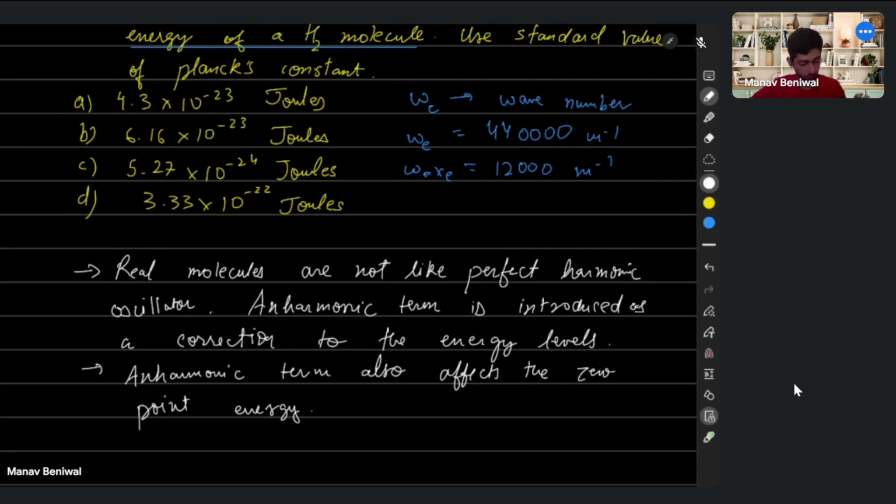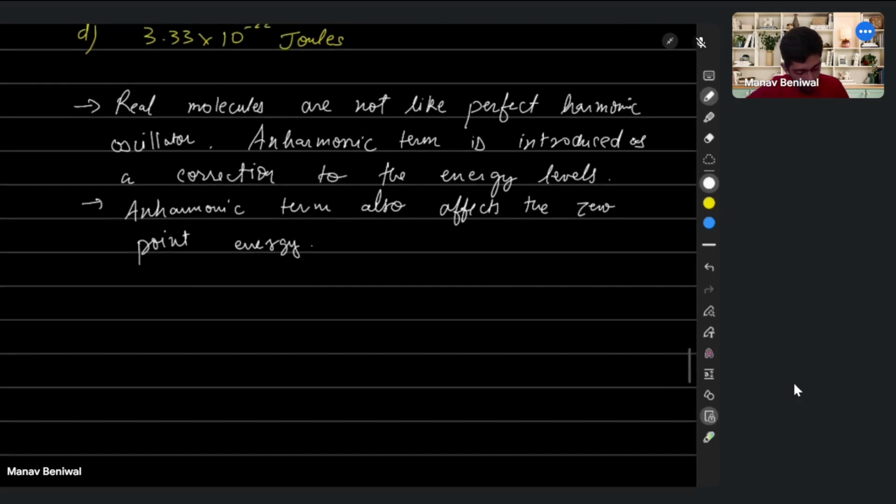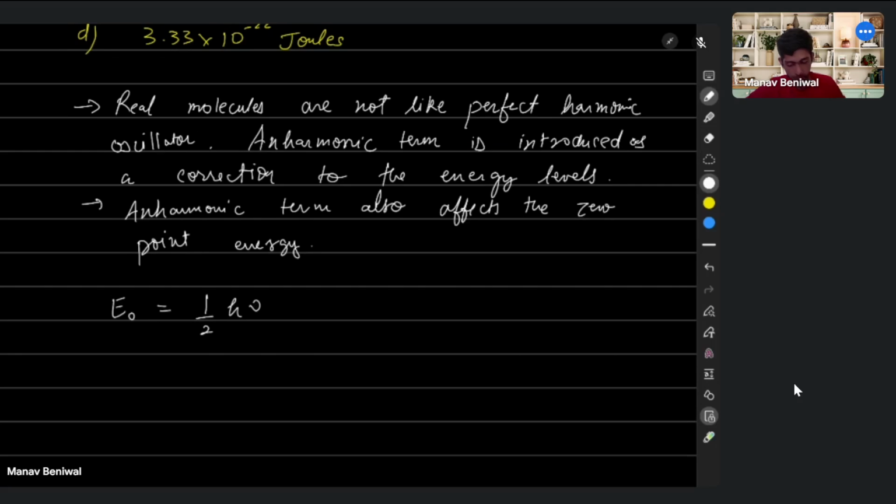But that is not true. So let's write the zero point energy then. Let me write E0. So this will be half h nu minus half h nu prime. This is the anharmonic term, let's say.